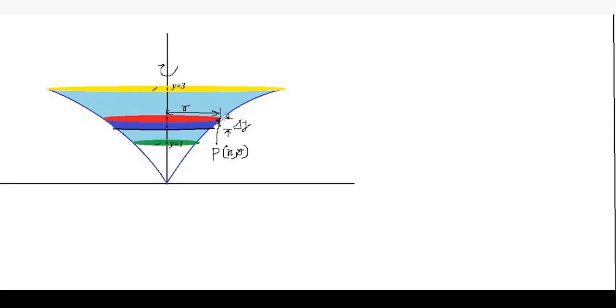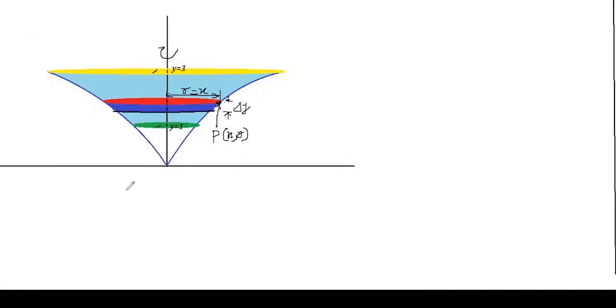So (x, y) is a point on this curve, and here the radius of the disk r and the x coordinate of this point, that is x, are going to be equal, because both represent the distance of the point from the axis of y.